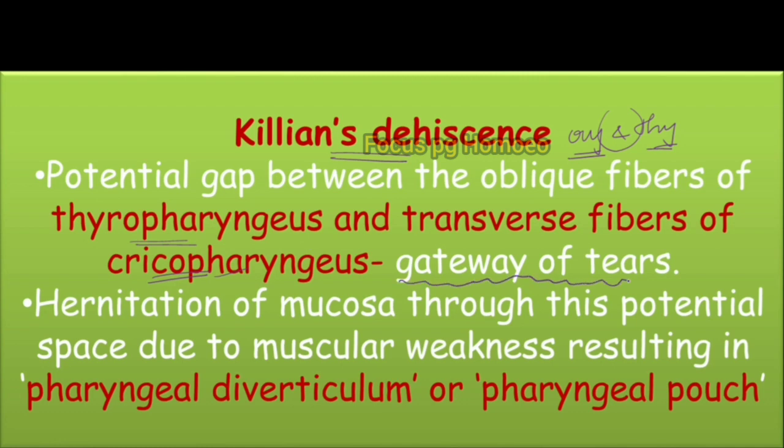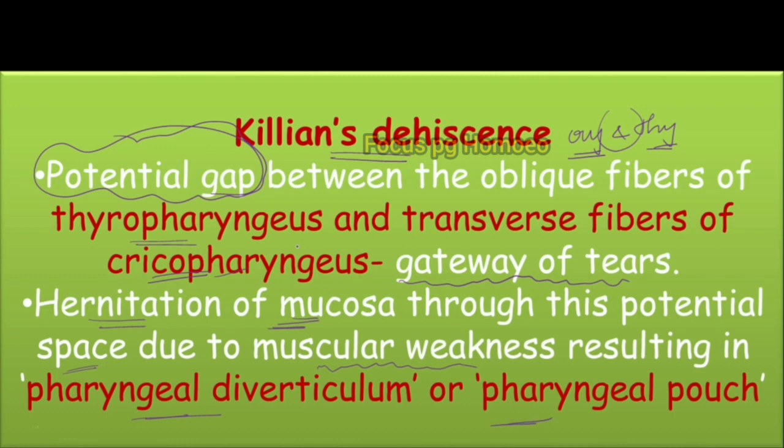As I had already mentioned, whenever there is a gap, there is a possibility of protrusion out of it. So here there will be herniation of mucosa through this potential gap because of the muscular weakness, and that leads to the production of pharyngeal diverticulum or pharyngeal pouch.